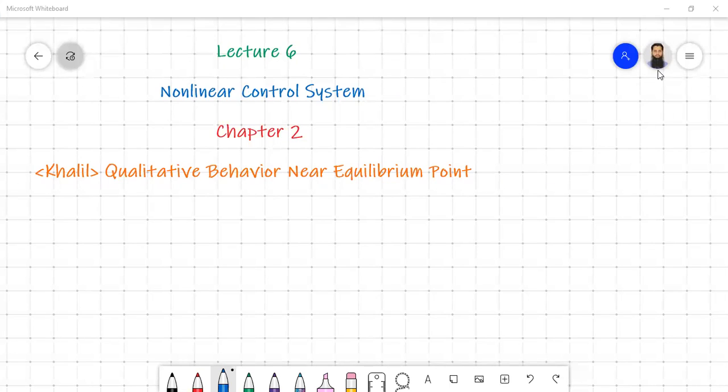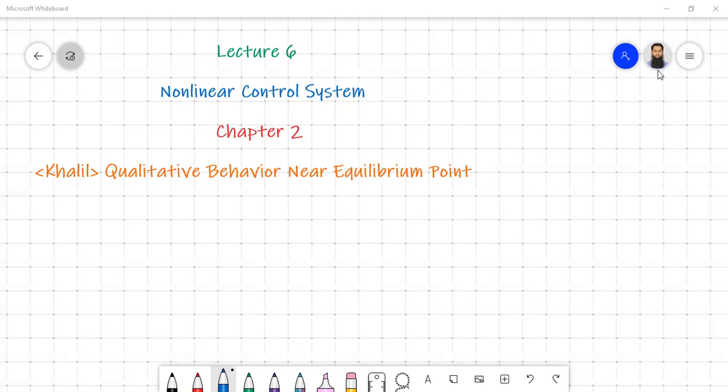I was hoping that this will help us understand some of the fundamental things about nonlinear control systems, so that is why I'm covering it. This is article 2.3, qualitative behavior near an equilibrium point.